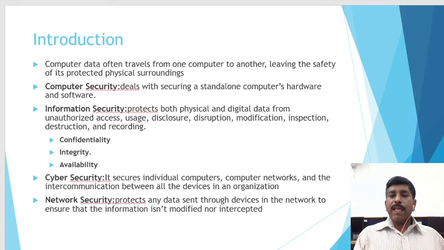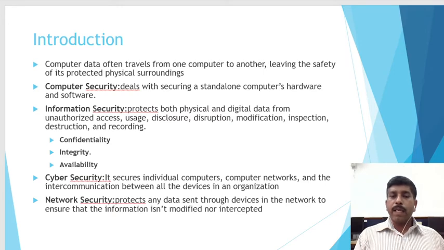So once the data leaves the computer, we need to secure our data. There are different types of security that we can give to our data: computer security, information security, cyber security as well as network security.